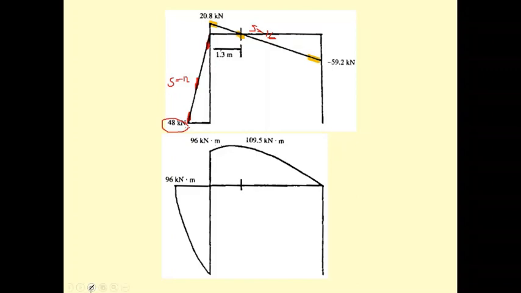And then again, this is going to have a slope of 20.8, this is going to have a slope of 0, and this is going to have a slope of 59.2.